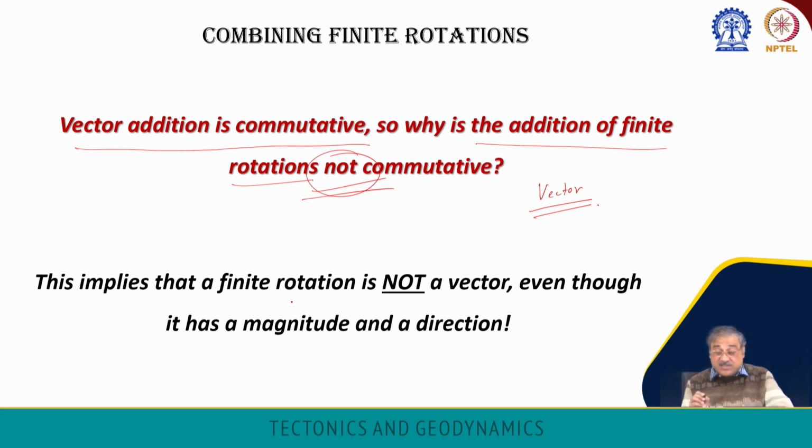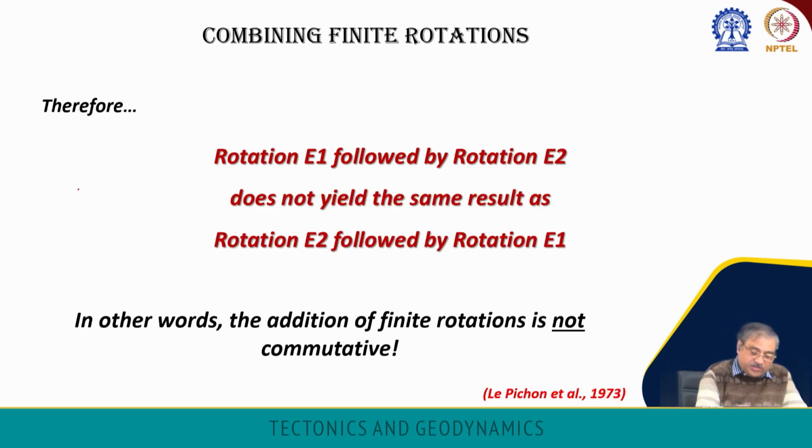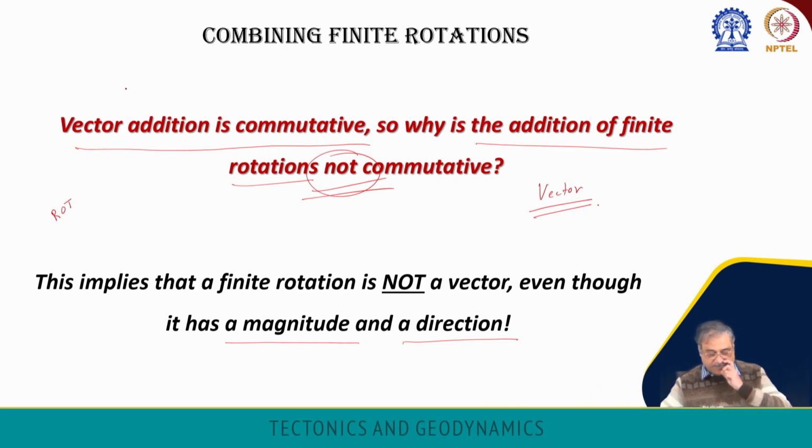This is in spite of the fact that a finite rotation is associated with a magnitude and with a direction. So in fact you'll see many nomenclatures like this. A finite rotation is written as a rotation of E and omega.